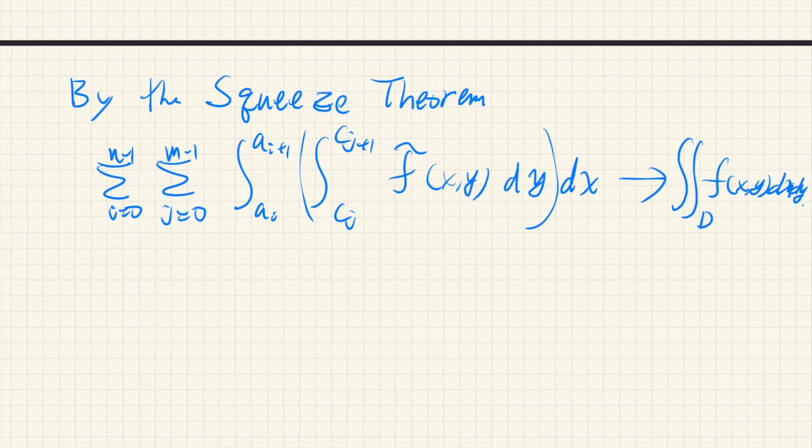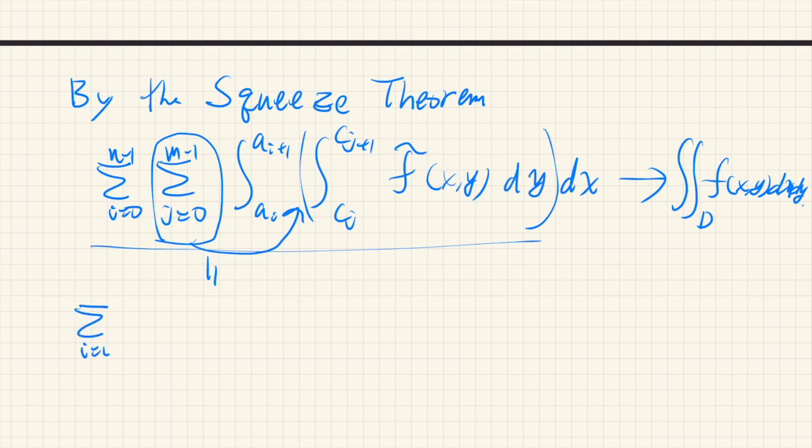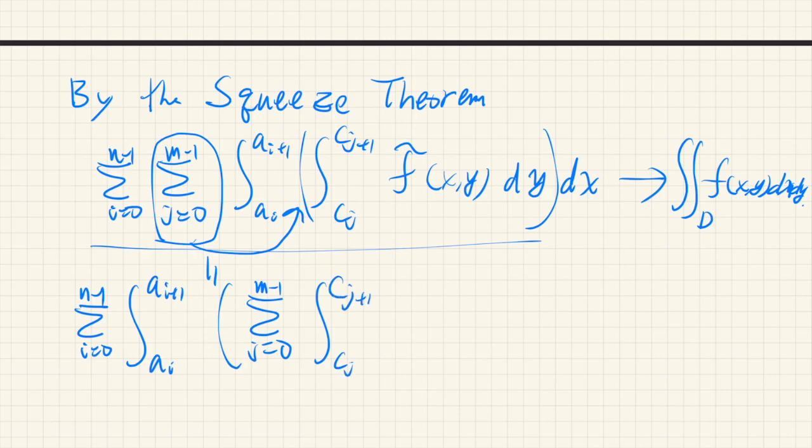And also, let's modify this expression a little bit. We move this summation symbol inside here. So this is equal to the sum over i from 0 to n minus 1 of the integral from ai to ai plus 1, and the summation over j of the integral from cj to cj plus 1.